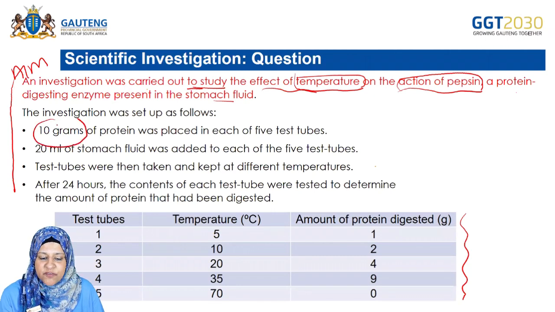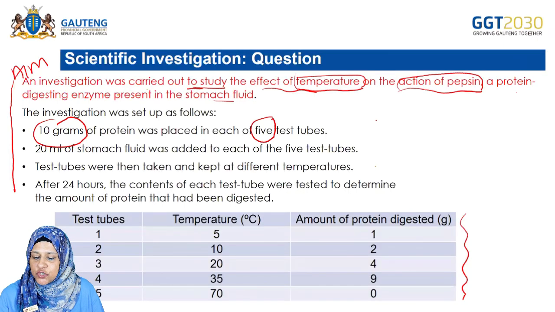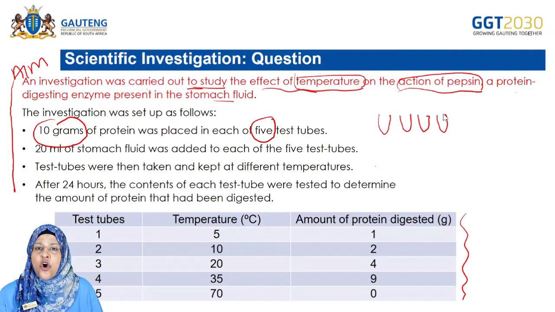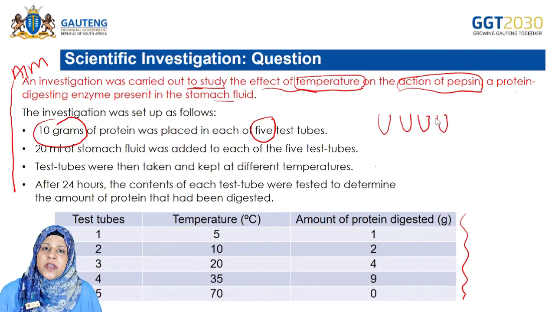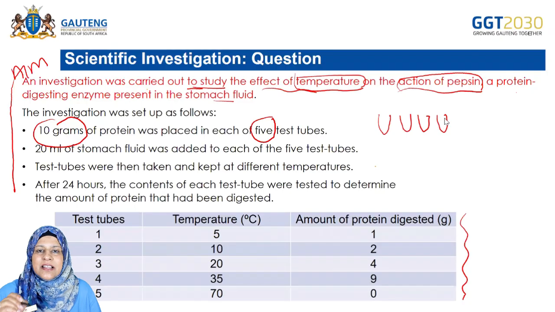10 grams of protein was placed in each of the 5 test tubes. In other words, I had 5 test tubes. Draw on your question paper if you have to. Remember, it's your question paper, guys. You need to draw on your question paper, write, circle, underline, highlight on your question paper.